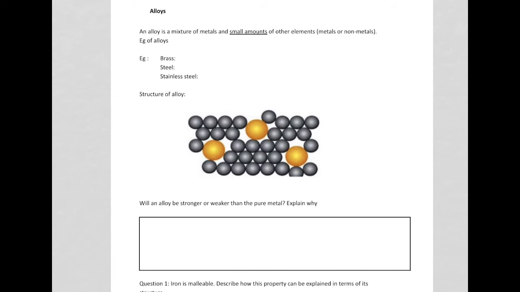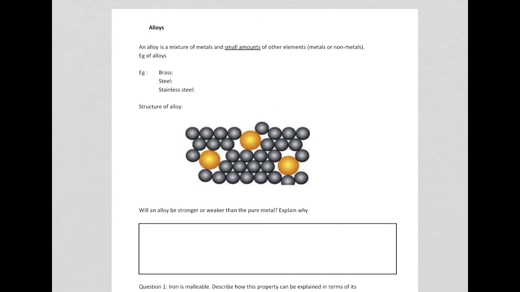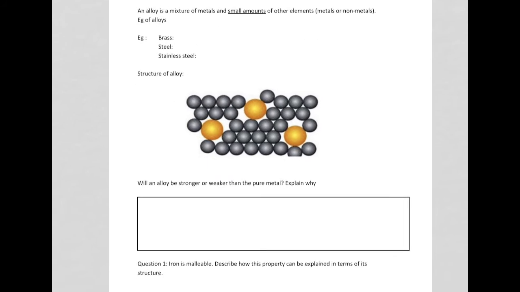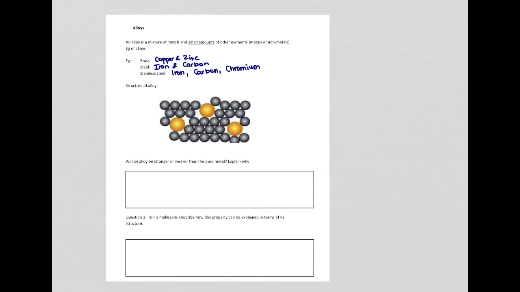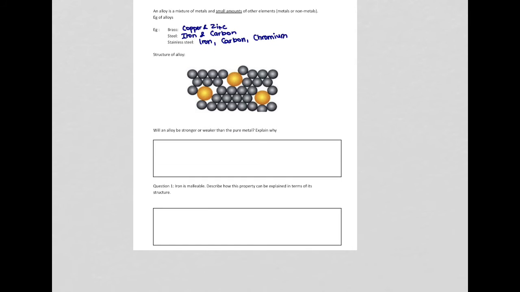So alloys will contain a main metal and a small amount of another element, which can be a metal or non-metal. These are the three alloys. And the structure of an alloy is like this. So you have these different sized elements that are going to disrupt the regular lattice. So now the layers cannot slide over each other.